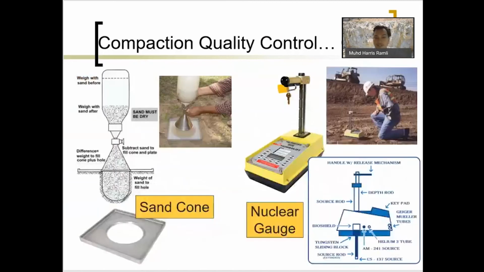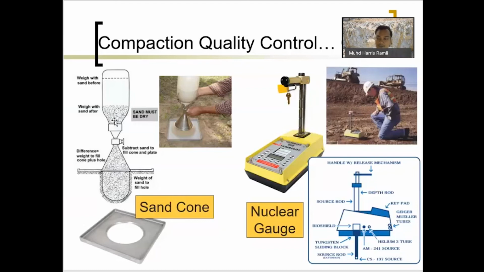This is the sand cone test. Basically, you have this bottle, and you know the volume and the weight of the sand inside it. We usually use sand, and it's not just typical sand, it must be a standard sand. When you use a standard sand, you know the density of the sand, and the particles of the sand are uniform.